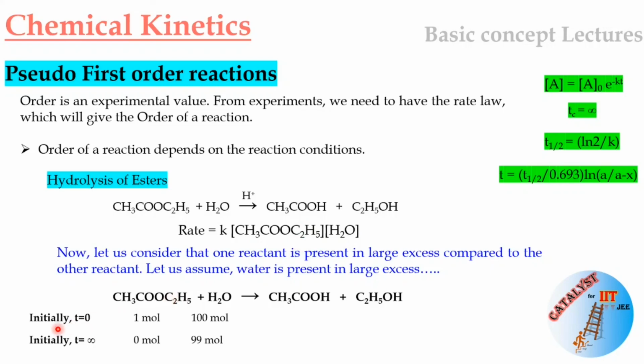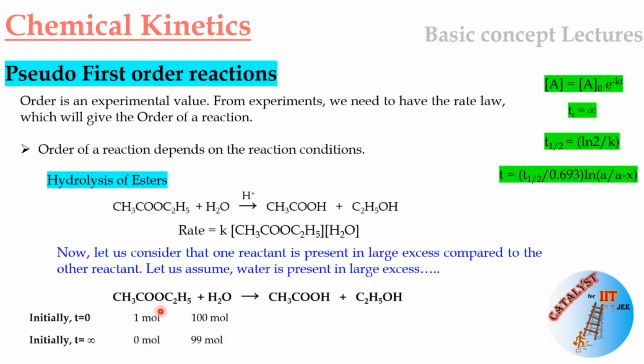Initially the ester was 1 mole, but the water was 100 moles. As you can see, there is a huge difference. So you started with 1 mole of ester and 100 moles of water, and after completion of the reaction, at T infinity, you have no ester molecule remaining, 0 mole.